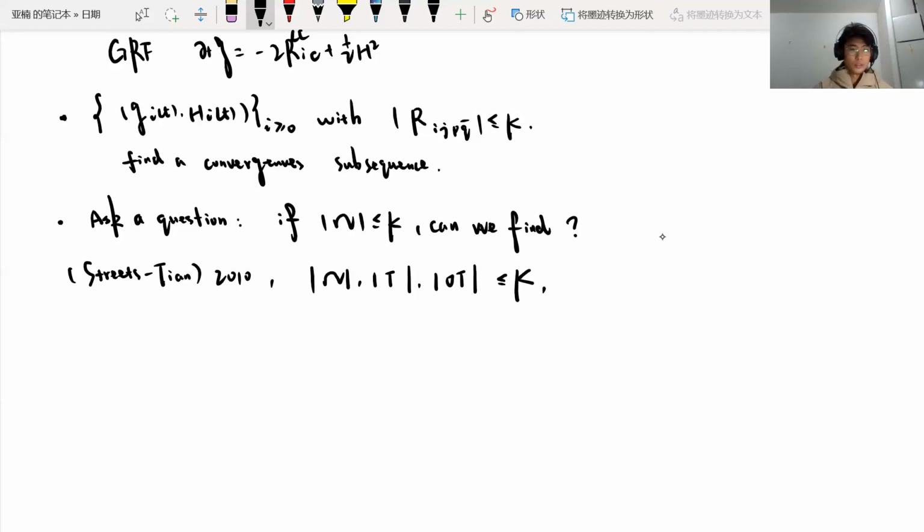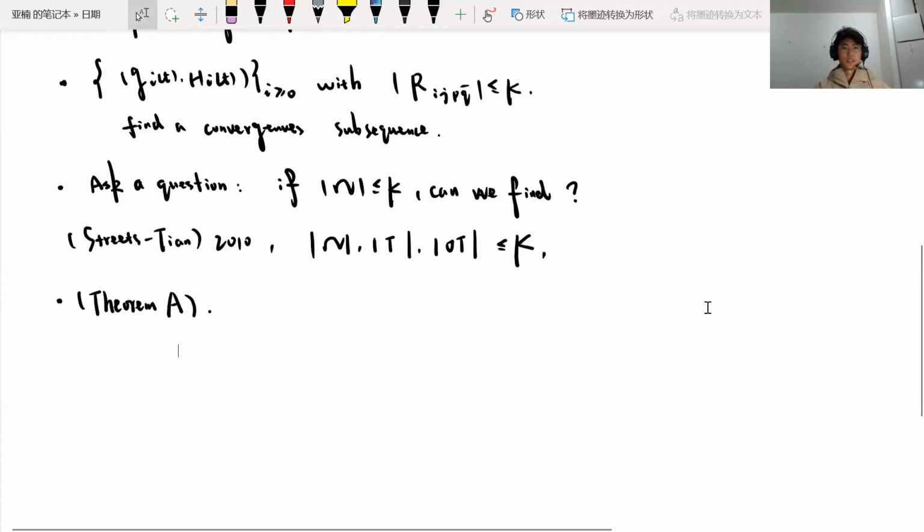And today I'd like to generalize their results. We prove that actually we only need the condition that the curvature is bounded.